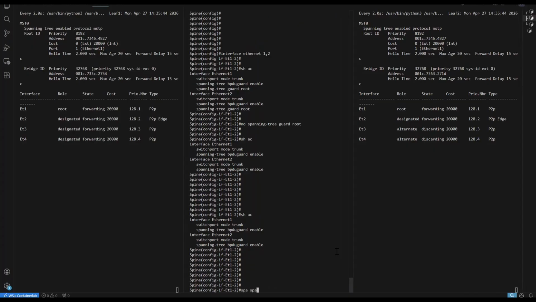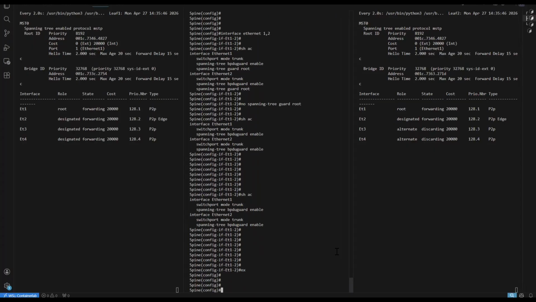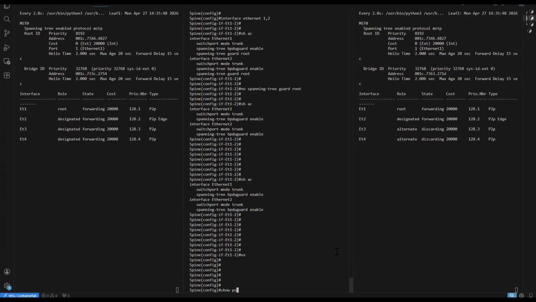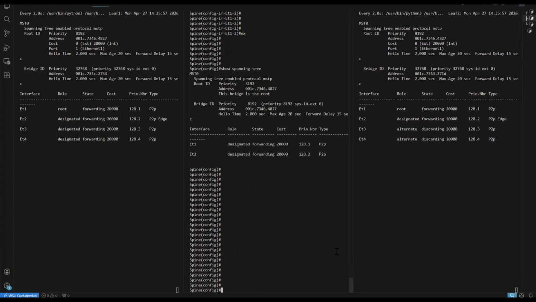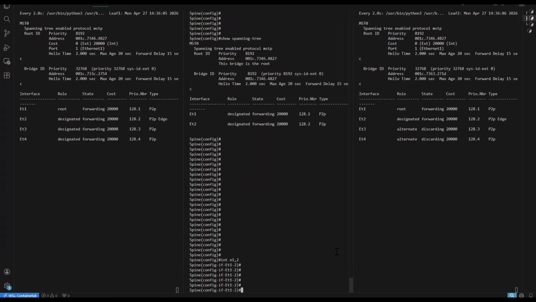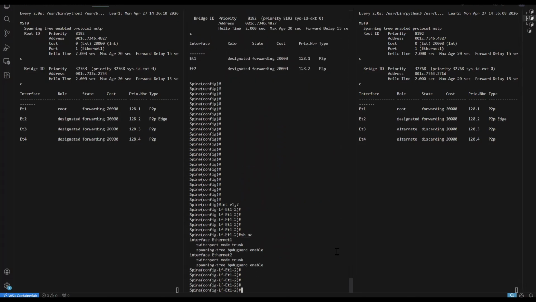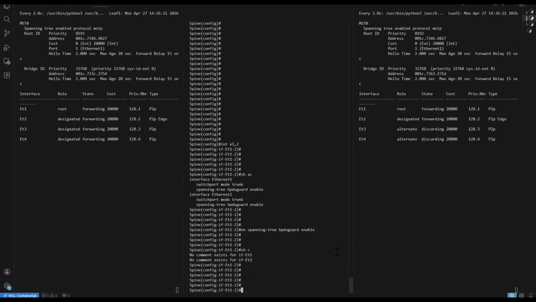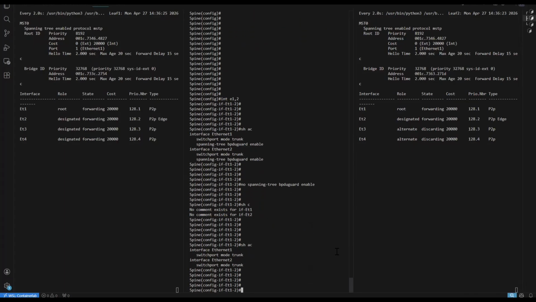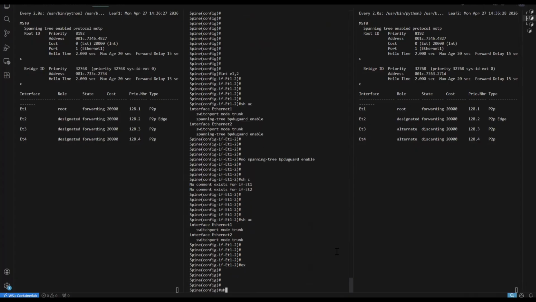Show spanning tree. Interface Ethernet 1/2. Show spanning tree.